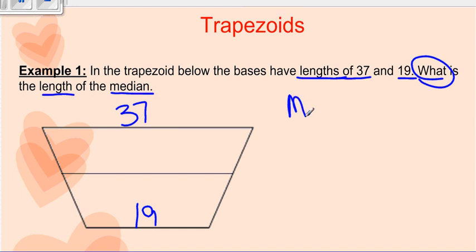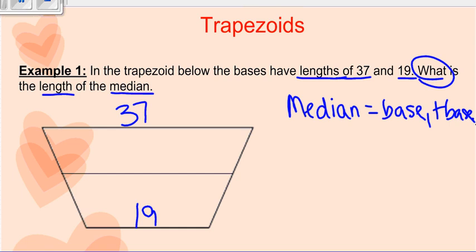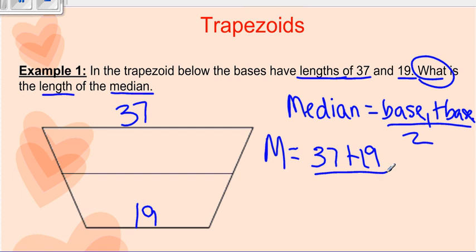So we had the median equaled base 1 plus base 2 divided by 2. Okay, so I'm going to call it a big M, equals 37 plus 19 divided by 2.